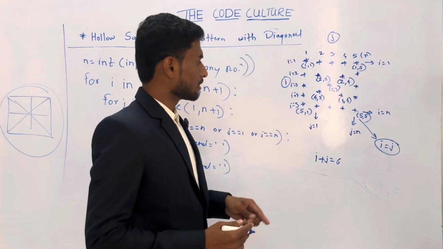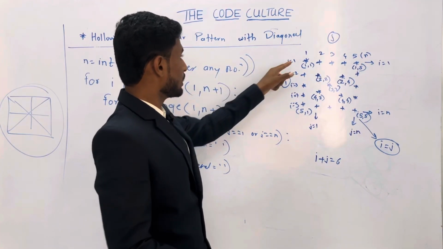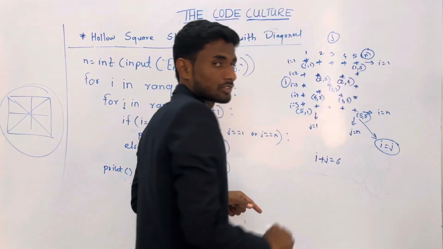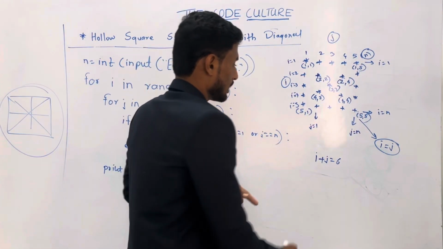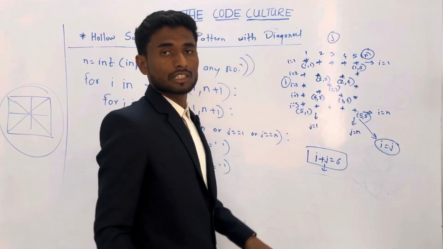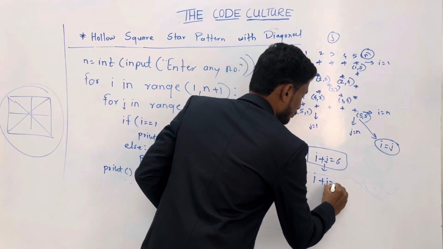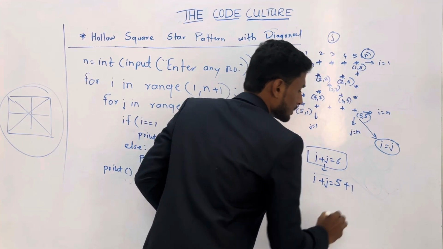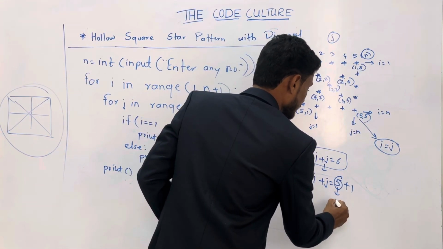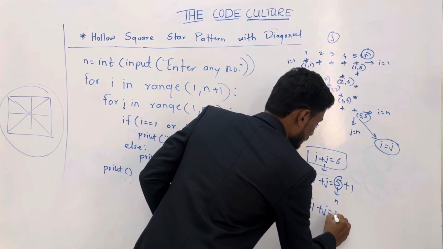But always remember, we are not always printing the pattern for a fixed value like 5. We are printing for n values. So I want to write this equation in terms of n. i plus j equals 6 is nothing but 5 plus 1, and here we can replace 5 with n. So we get i plus j equals n plus 1.